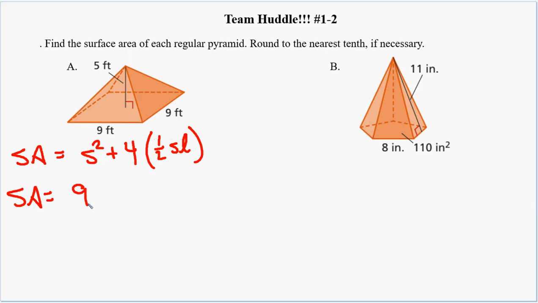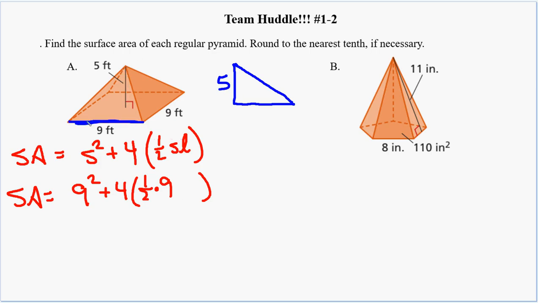Each side is 9, so that's going to be 9 squared, plus 4 times 1/2 S is equal to 9. Once again, we're going to have to solve for that L. So I'm going to sort of draw a little right triangle over here. This height is 5, so this is 5. This entire side length is 9, so this is going to be half of that, 4.5. And hypotenuse, we'll just call it C, as we usually do.